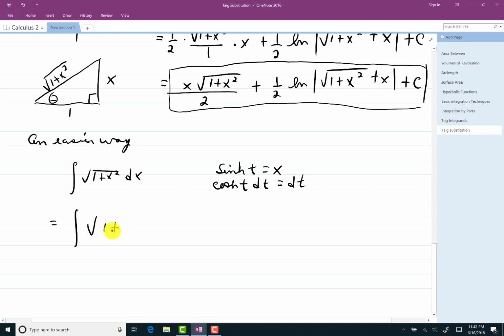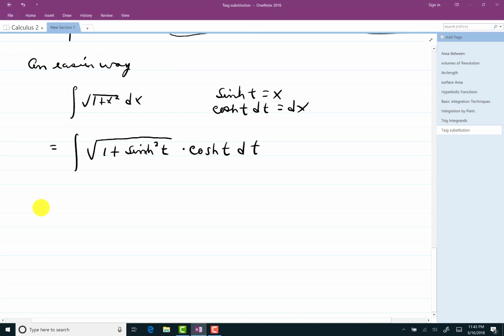So instead of an x, I'm going to replace it with a hyperbolic sine, and instead of a dx, I'll have a cosh t dt.